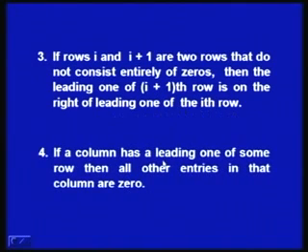And the fourth property is that if a column has the leading one of some row, then all other entries in that column are 0. Let us see this example. Here we have zero rows, these are non-zero rows, these are leading ones. This is a non-zero row, it has a leading one here, and this is a non-zero row, it has a leading one here. Now this is the ith row, this is the I plus 1th row.